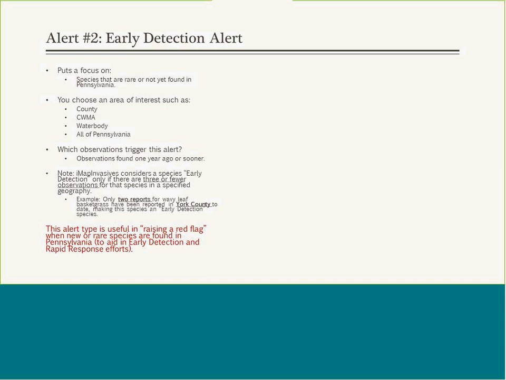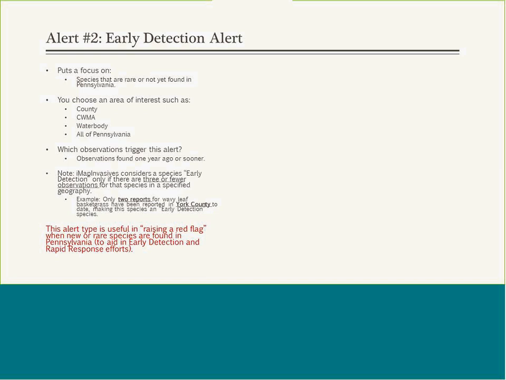This is going to trigger on alerts that are found more recently, so either 1 year ago or sooner. And just so you know, iMapInvasives considers a species to be an early detection species if there are 3 or fewer observations for that species in a specified geography. What that means, here's an example.